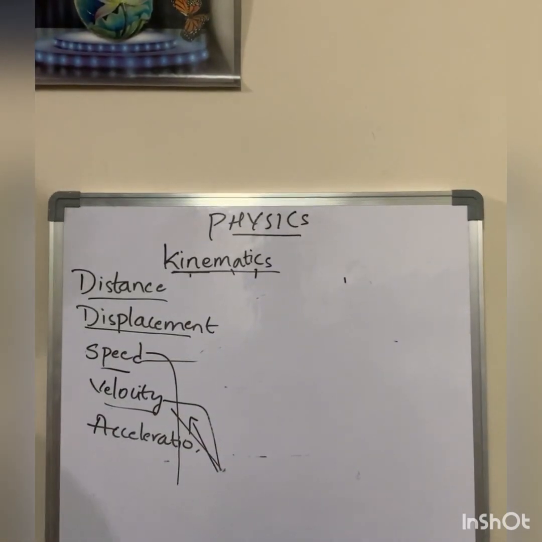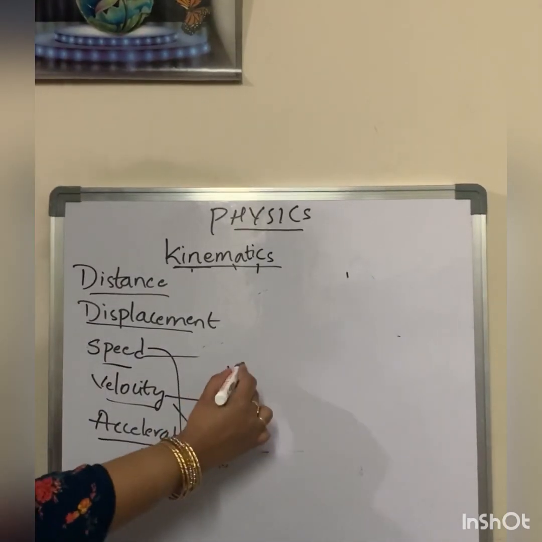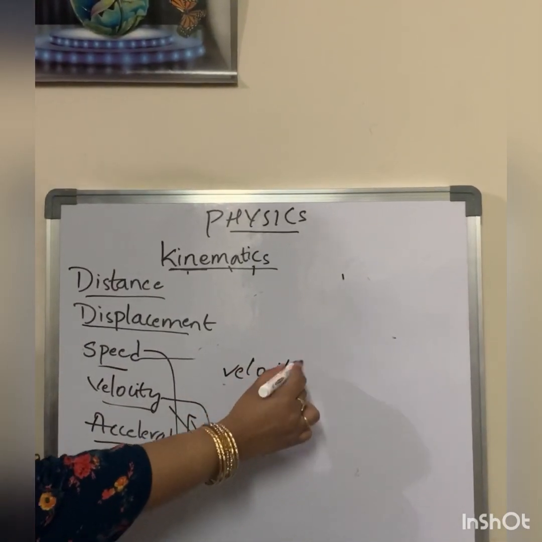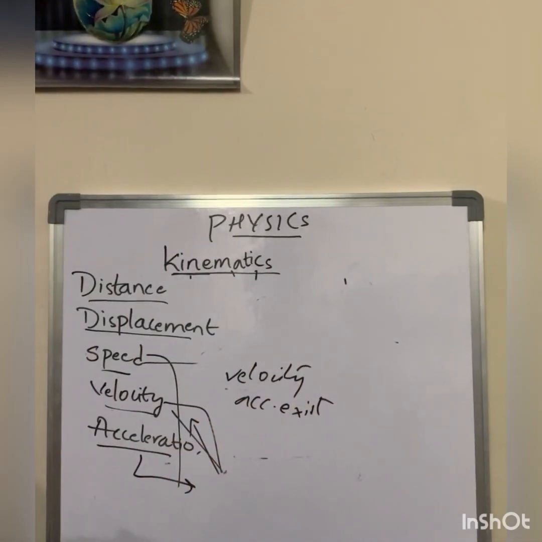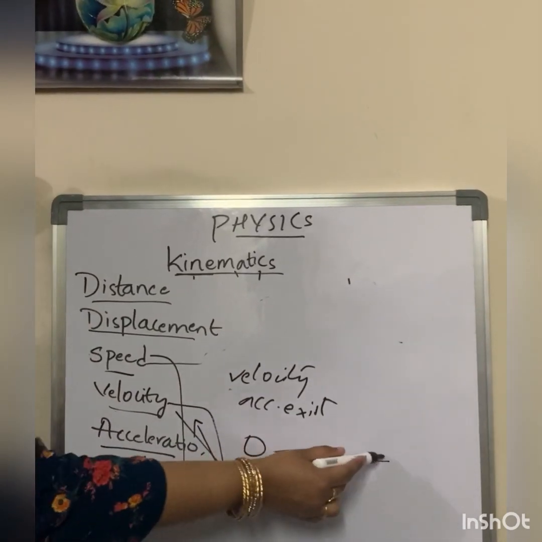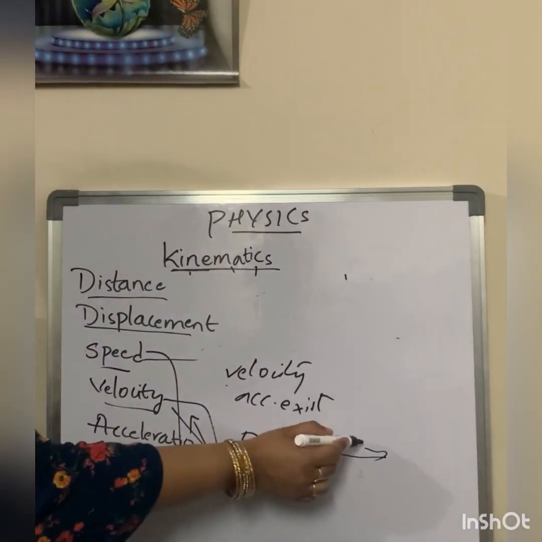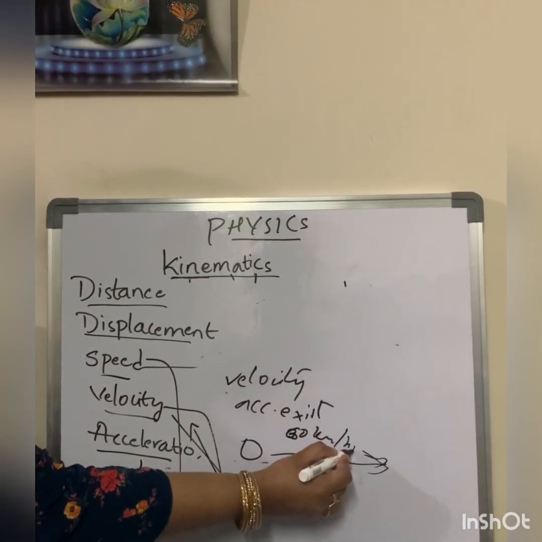So what is acceleration? Acceleration means when velocity exists, acceleration also exists. Simply. So a person is traveling in a car moving at 60 km per hour.